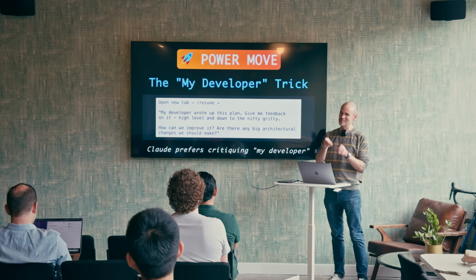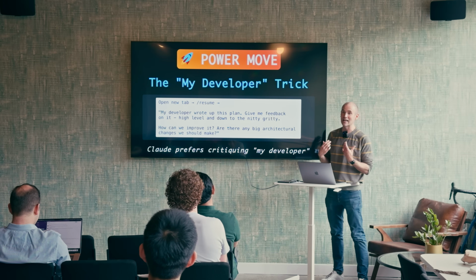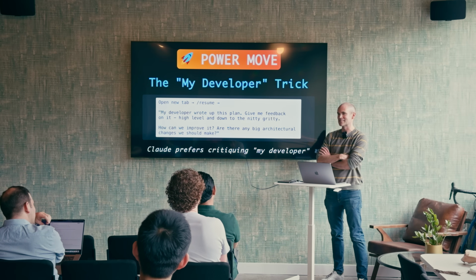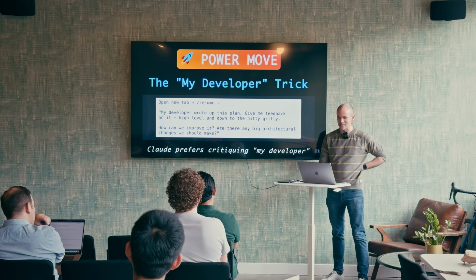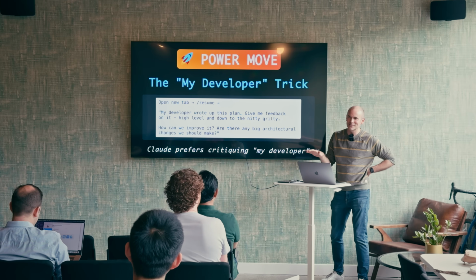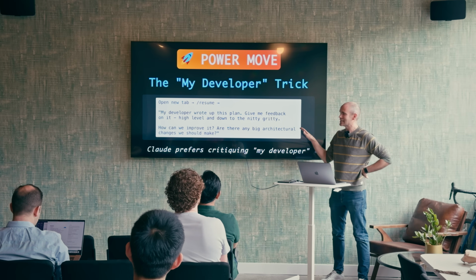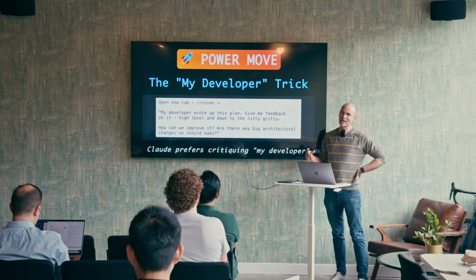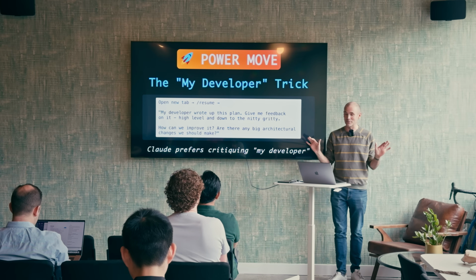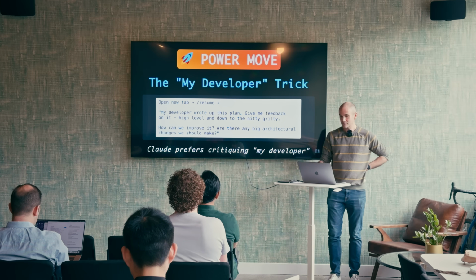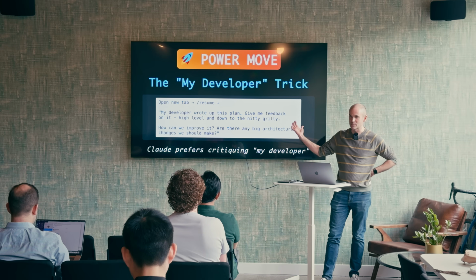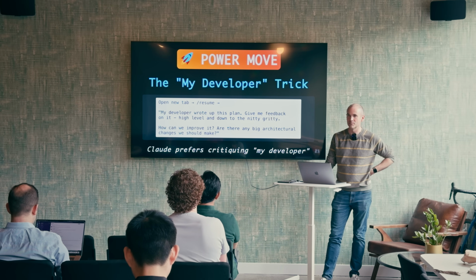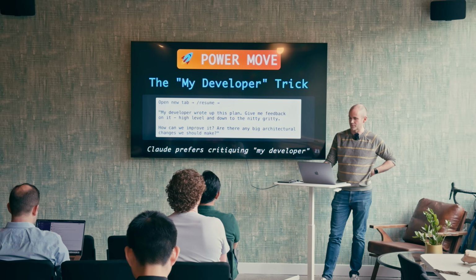I'm with you, I'm on your team, not on your developer's team. If you say I came up with this plan, it'll tell you a lot of nice stuff. It'll be like, great job, here's a couple little things you might do differently. But in this case, it's gonna be like, your developer, I wouldn't have done it that way. And try to get specific. If you're just like, they made this plan, it's not gonna do a good job. So ask the questions you would ask yourself.